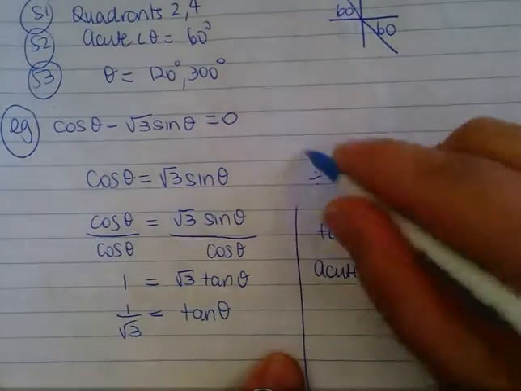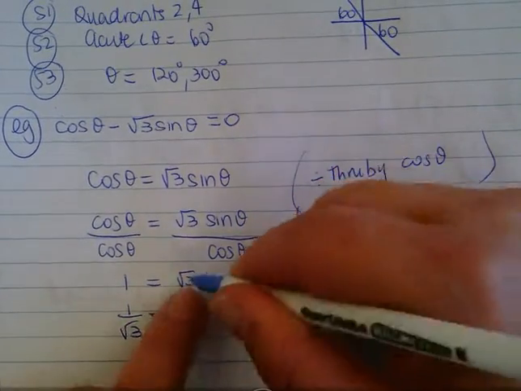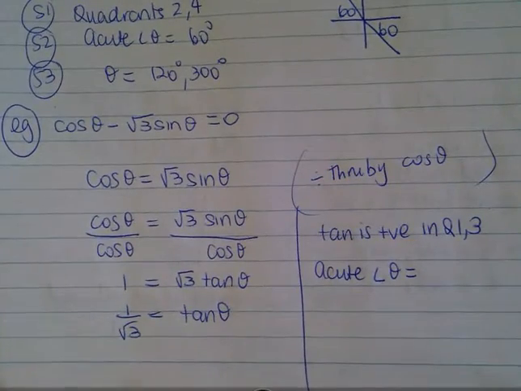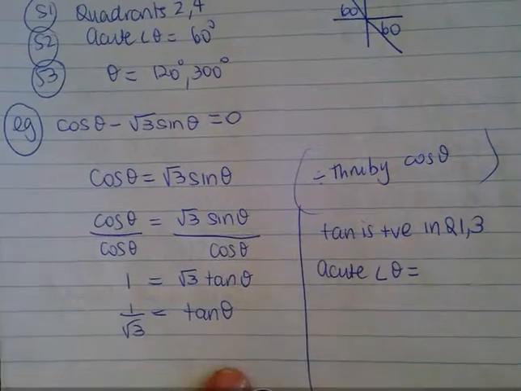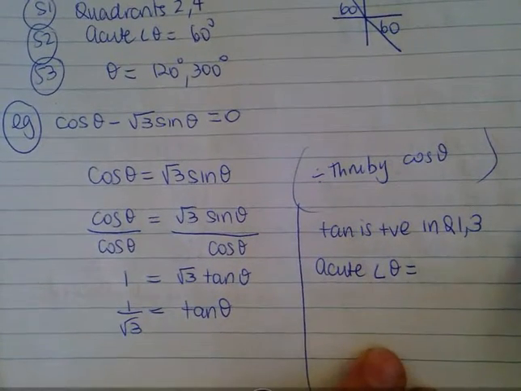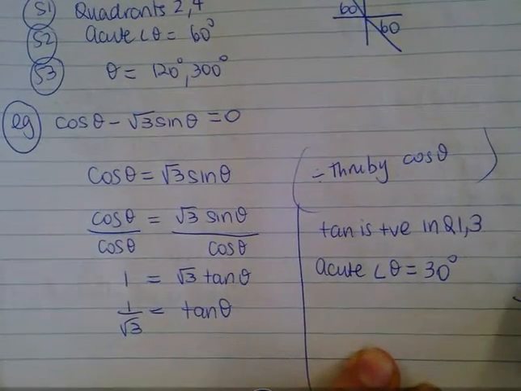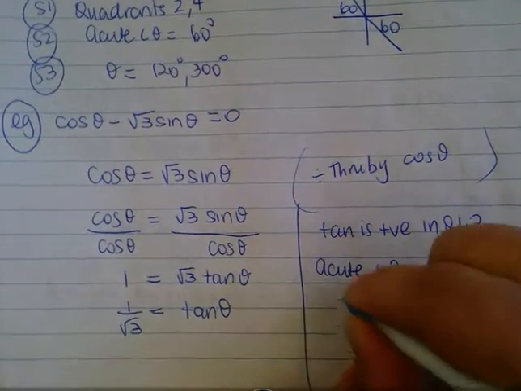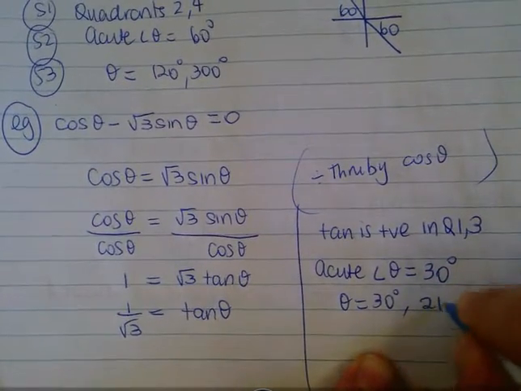Because when you divide through by cos, you get 1 equals root 3 tan theta, so you need to rearrange. This way's fine. What's your acute angle? Tan of what? 30. And in quadrants 1 and 3, our solutions are 30 and 210. Very good.